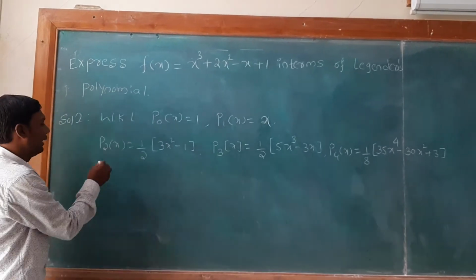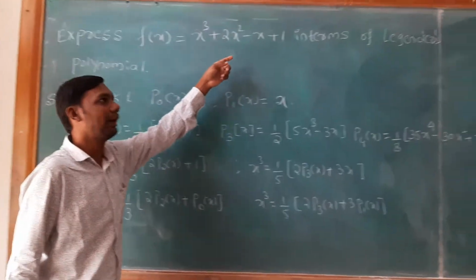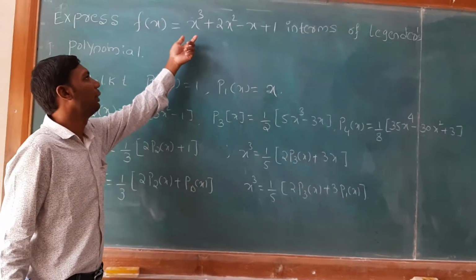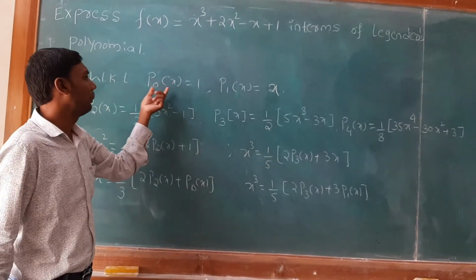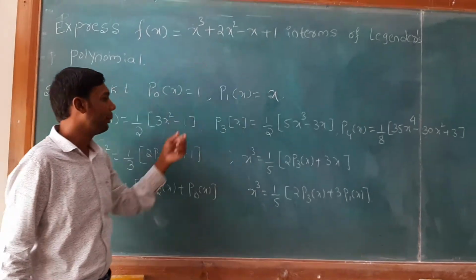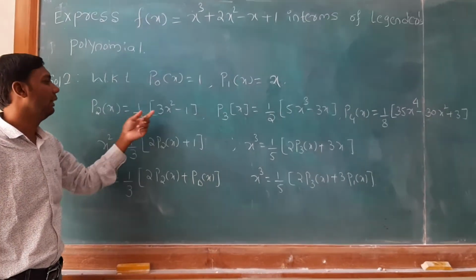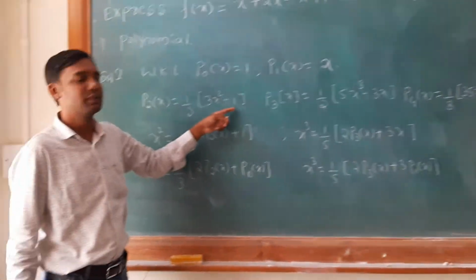Given that the function is x cube plus 2x square minus x plus 1, we have to put the values of x cube, x square, x and 1. So 1 is P naught of x, and x is P1 of x. Then x square can be obtained from P2 of x. Here P2 of x equal to 1 by 2 into 3x square minus 1.